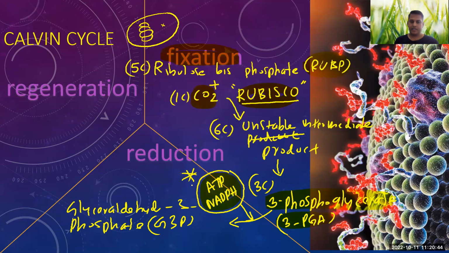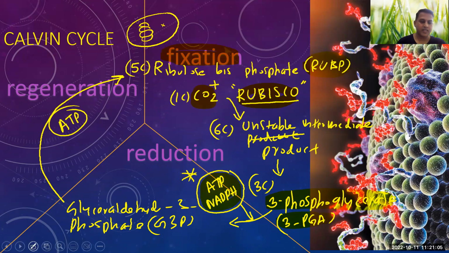Now glyceraldehyde 3-phosphate can take two pathways. One is the regeneration of ribulose bisphosphate, which again requires ATP from the light dependent reaction.